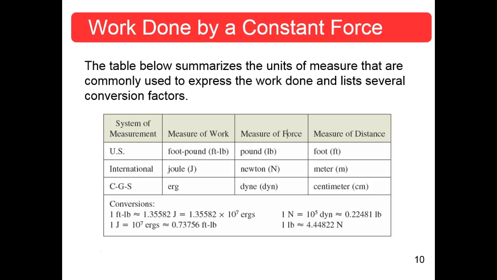The measure of work would be foot-pounds, force would be pounds, and distance feet. International, which is the SI system, System International, named in French, uses the joule, the newton, and the meter, and the CGS would then just be the erg, dyne, and centimeter.